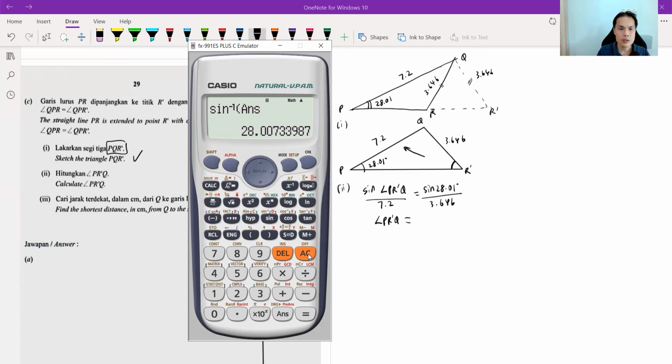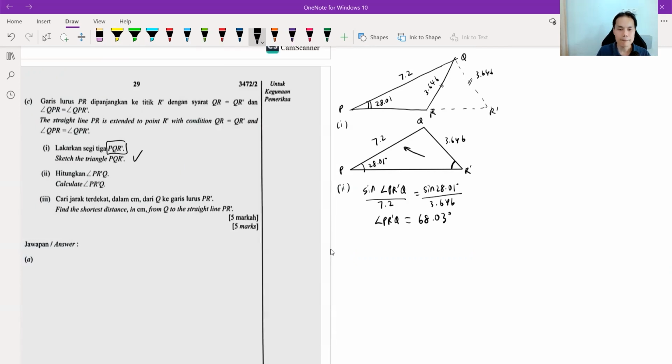Sometimes you tend to forget because you change to radian. 28.01, sine 28.01, we divide by 3.646, you multiply by 7.2. Whatever we get here, we shift sign, answer equals. So I got 68.03.